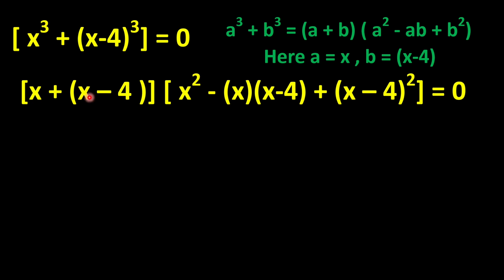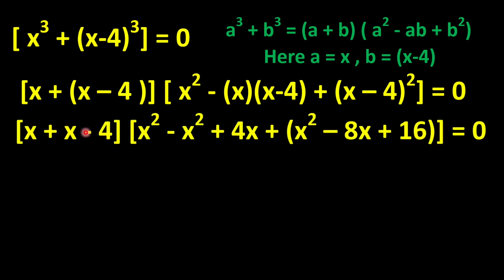And now this x plus x minus 4, and then x squared minus x multiplied by x minus 4, and this minus, when multiplied with this minus, will become plus. So overall this will become 4x, and here x minus 4 all squared, which is the algebraic identity a minus b all squared, and when we expand this, it will become x squared minus 8x plus 16 equal to 0.